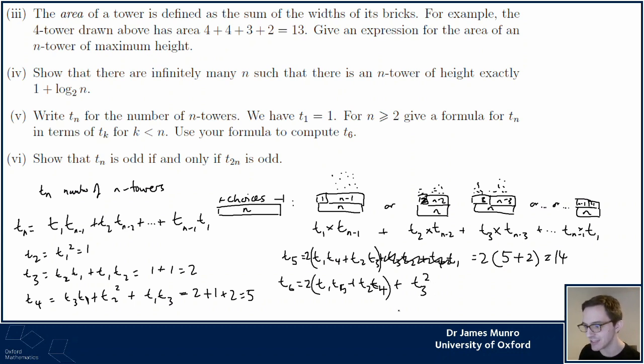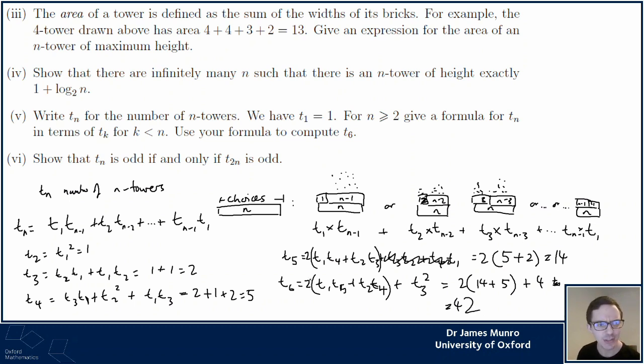Okay, so 2 of these. So I should work out 2 of T1 T5, 14, plus T2 T4 is 5, plus T3 squared is 4, which is 19 times 2 is 38, plus 4 is 42. Okay, so that's T6. Brilliant.